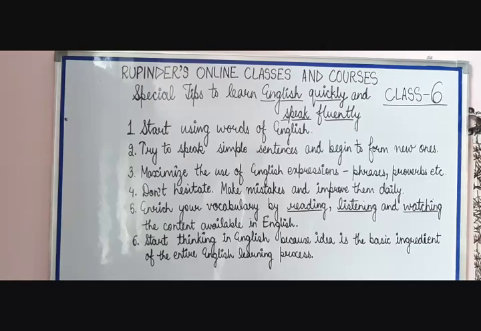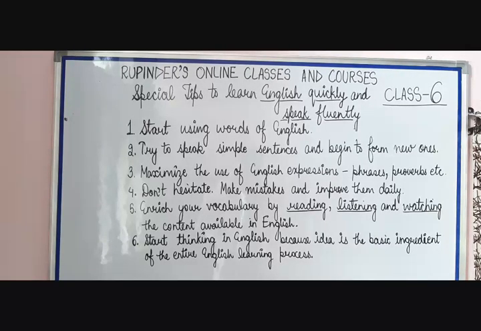Then the second special tip is, try to speak simple sentences and begin to form new ones. In the previous 5 classes, we have discussed certain rules of forming simple sentences, and I have given you certain sentences which are going to form the base of your English speaking.